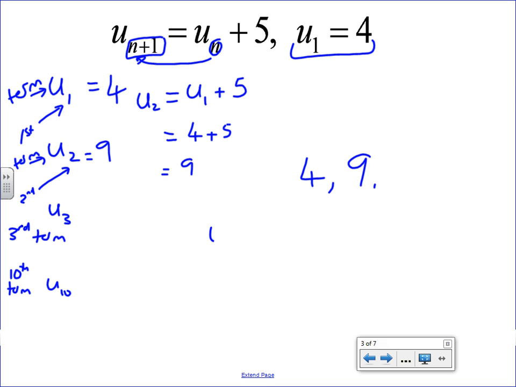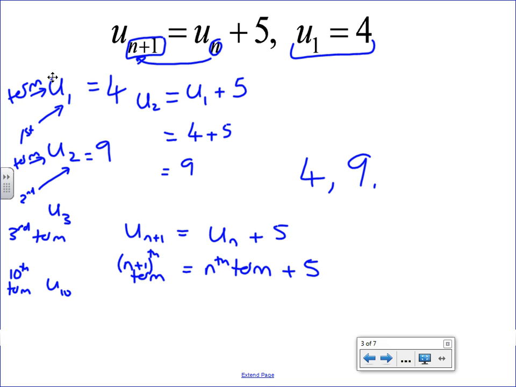So what we've got is un, the nth term, plus 5 equals the next term, the n plus 1 term. It's not talking about the nth term as in the last term, like we were talking about in the arithmetic series. It's just talking about a term n, and then the next term.